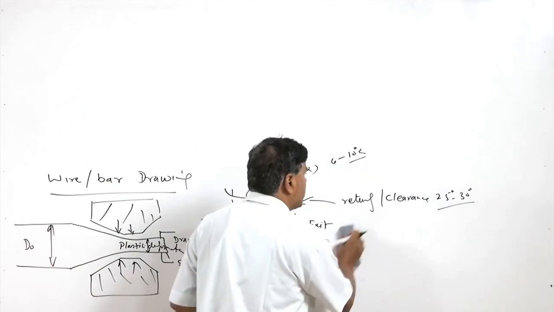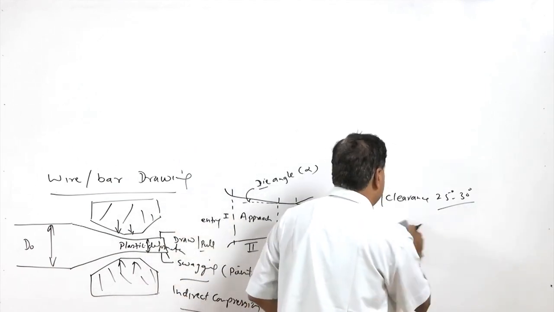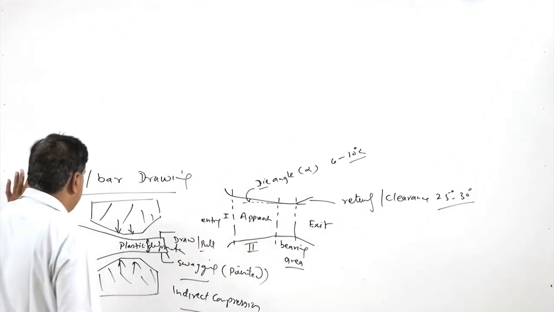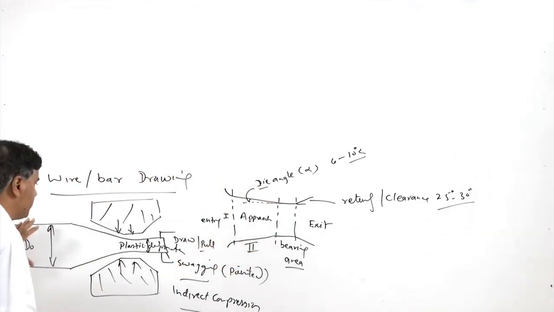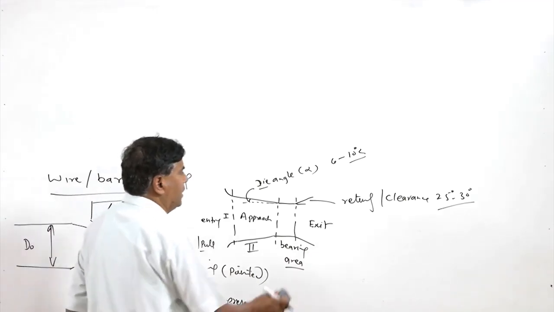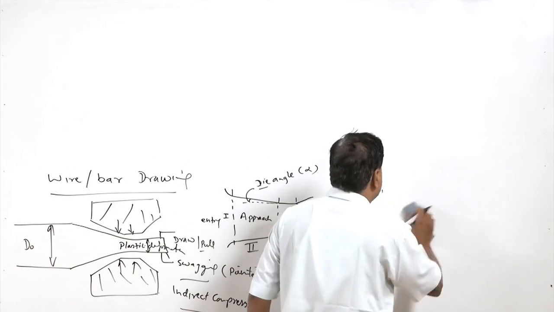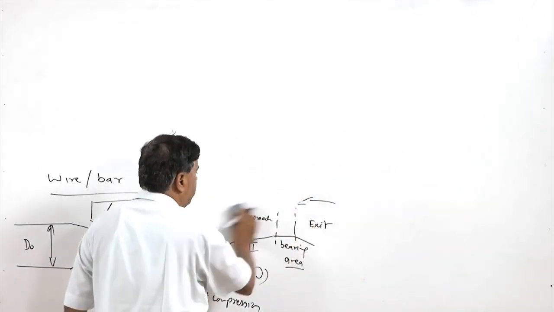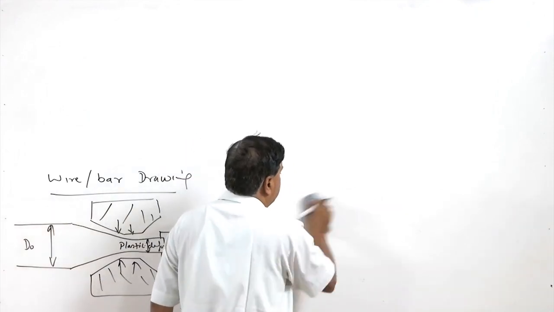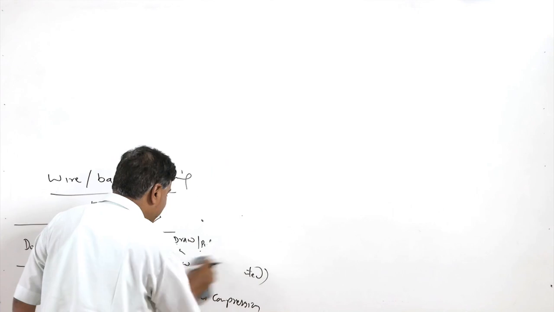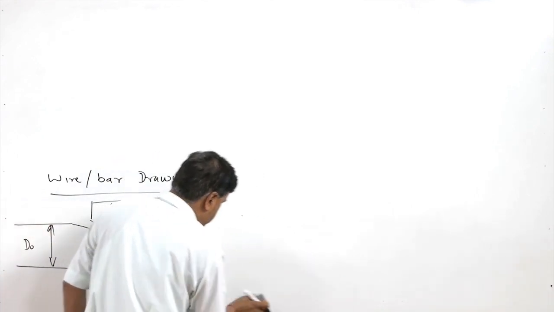As we have seen, there is a reduction in the diameter of the bar after the drawing. The extent of the reduction will depend upon the die which is being used and the die angle.